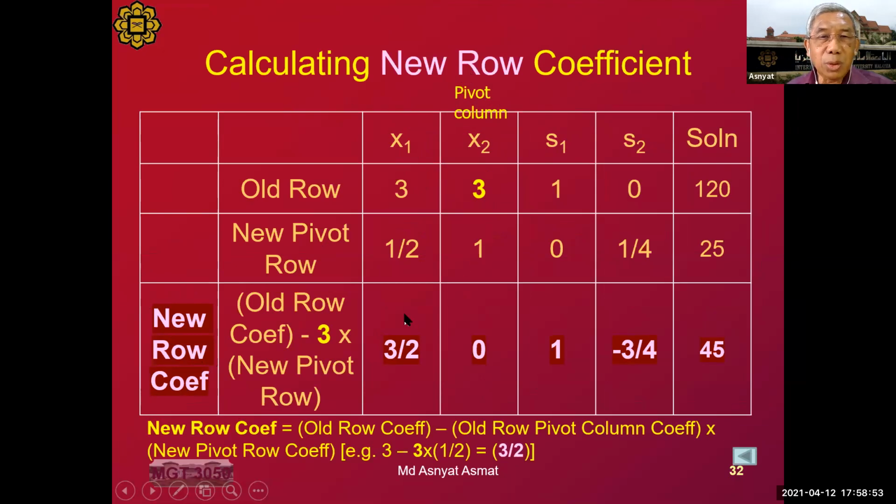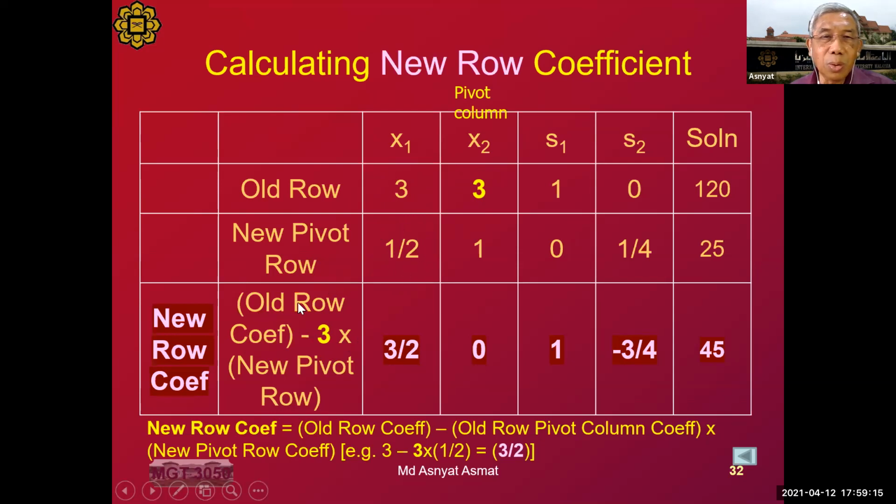To calculate the new row: the old row coefficient minus the old row pivot column coefficient, this one, times the new pivot row coefficients.